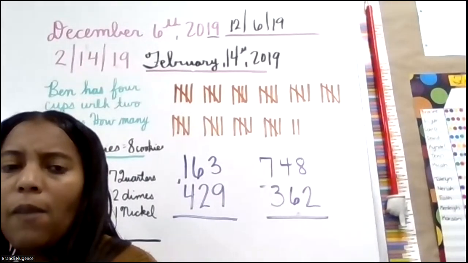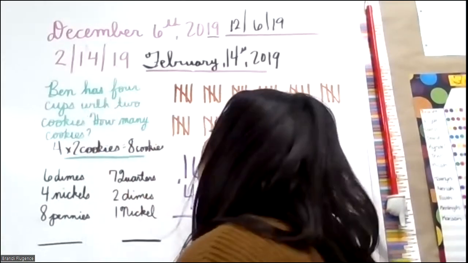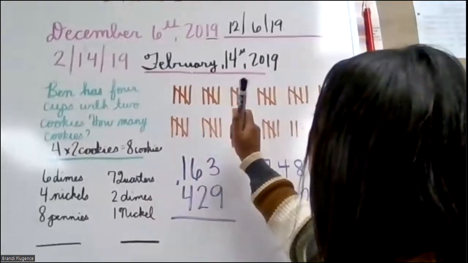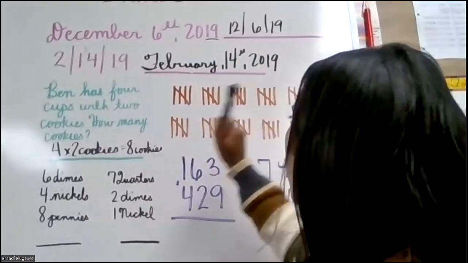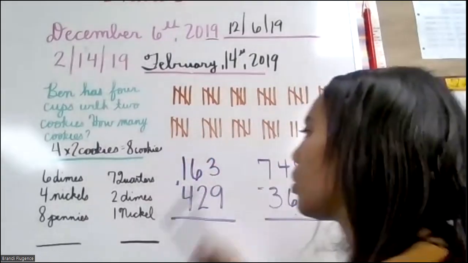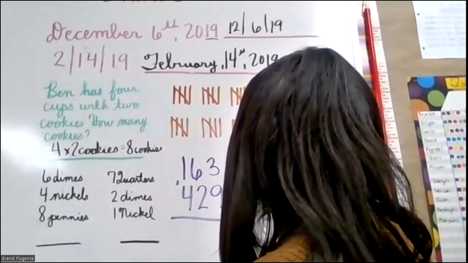Joshua's 52. 52? Okay, let's see. So 5, 10, 15, 20, 25, 30, 35, 40, 45, 50, 52 tally marks.